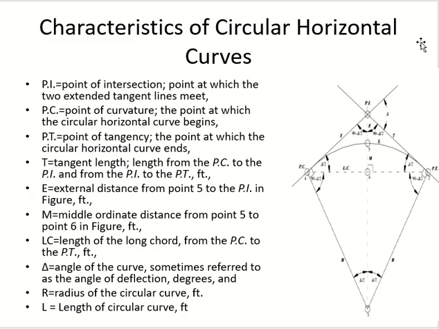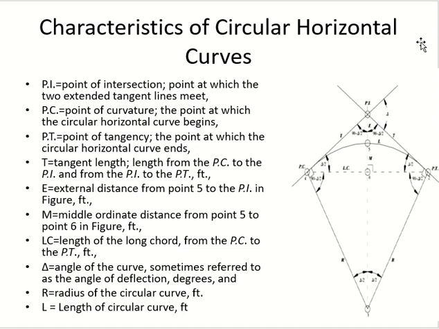This figure, you cannot see it clearly, but you have already seen it a number of times in highway and surveying courses. A horizontal curve has a starting point, we call it PC, point of curvature, or point of commencement. Then the horizontal curve has the end point, we call it PT, point of tangent or point of termination.